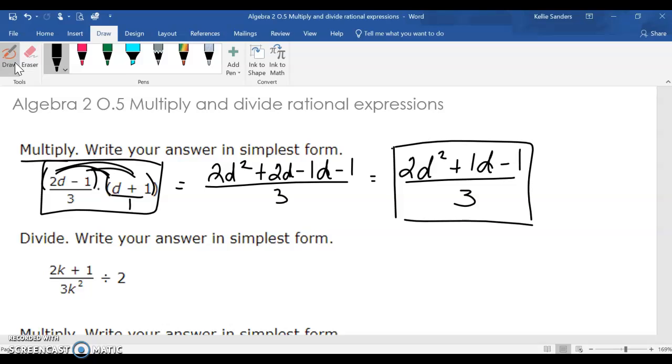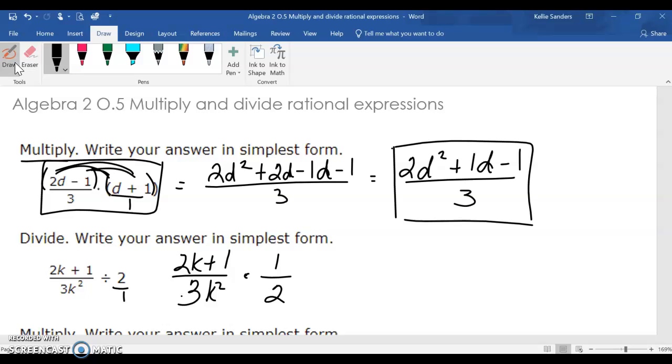If multiplying fractions is no problem, top times top and bottom times bottom, when dividing fractions, don't be shy. Flip the second and multiply.